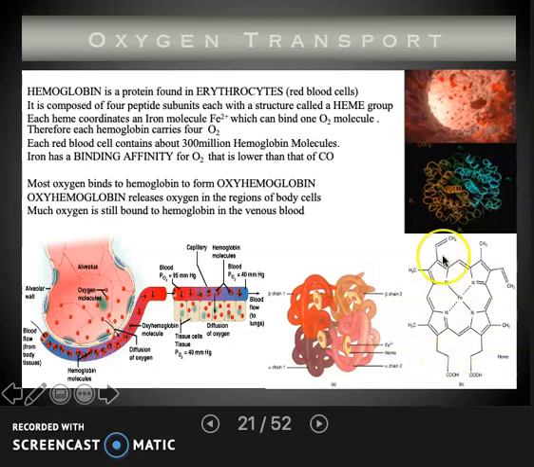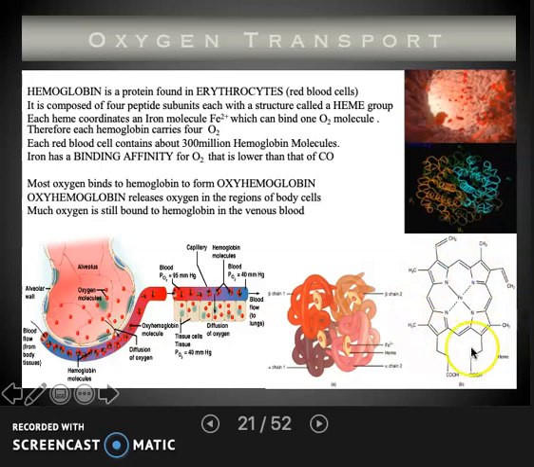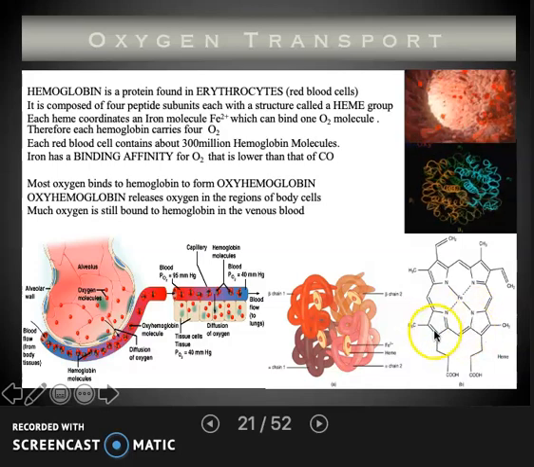And then in the interior of these 4 subunits is a very cool little structure called the heme group. And the heme group, you'll see, has a bunch of nitrogens incorporated into the cyclic or ring-shaped compounds. And at the very center of the heme is an atom of iron.